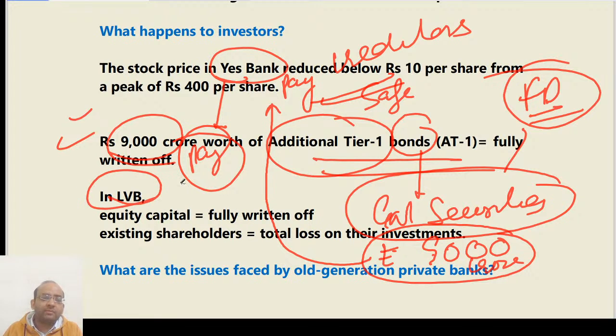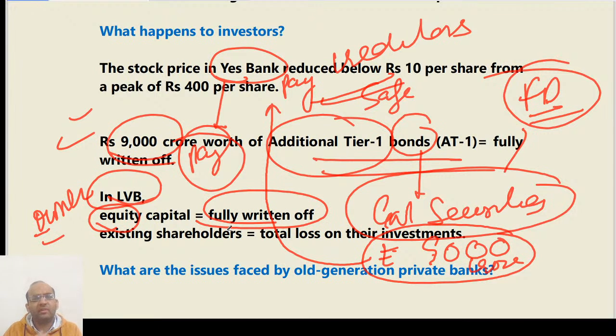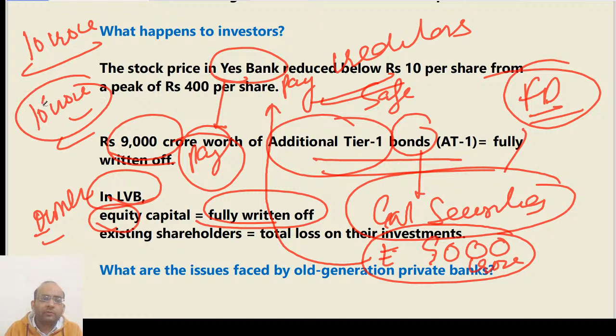In Lakshmi Vilas Bank, the owner's capital, equity capital means owner's money, owner's capital, got fully written off. Written off means evaporated from the books. What do I mean by it? See, suppose owners invested 10 crore rupees. Now it got a loss of, suppose, 15 crore rupees.